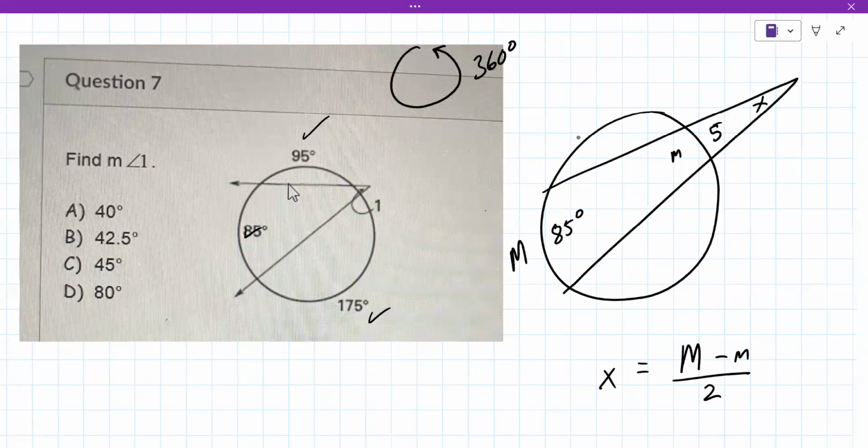Now you can use this formula I've provided and get the value of that angle. It's 40. Very good.